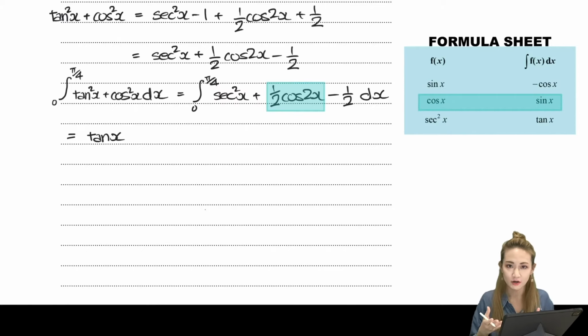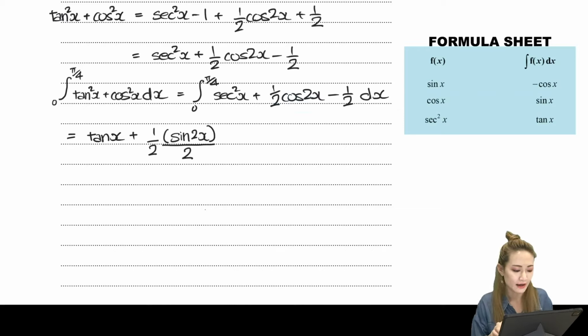So integration of half cos 2x will be half sine 2x, but then you need to divide it by the differentiation of what's inside the sine function. The inside is 2x, so you need to divide that by 2 as well. So that becomes half of sine 2x divided by 2. And then integration of minus a half is just minus a half x.